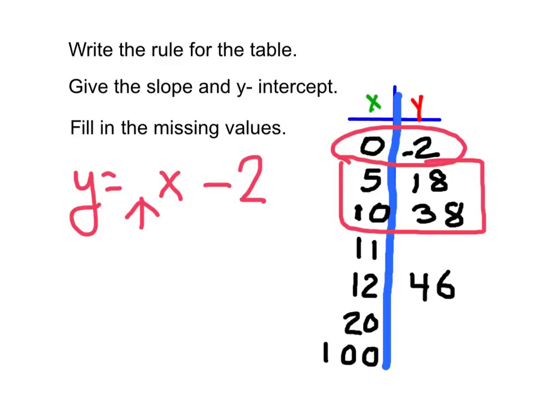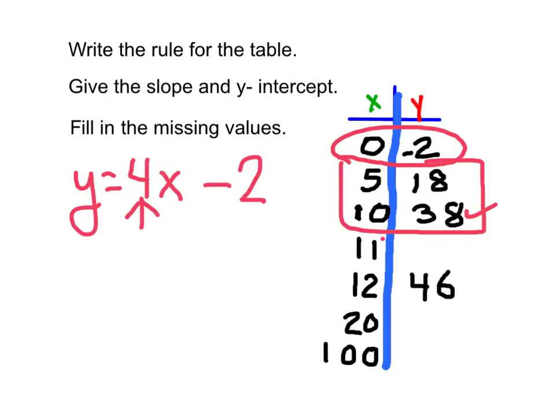So if I just experiment here, I can multiply 5 by a number to get it close to 18, and that would be 4. If I go 5 times 4, that's 20, and then subtract 2, that would give me 18. So let's see if it works for 10. 10 times 4 is 40, subtract 2 is 38. So this rule works.